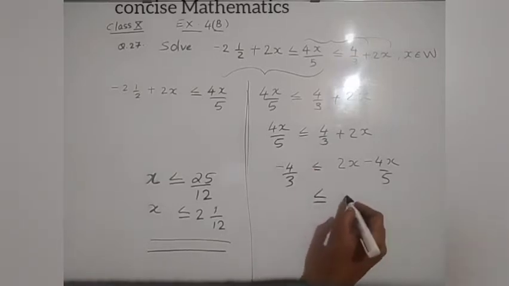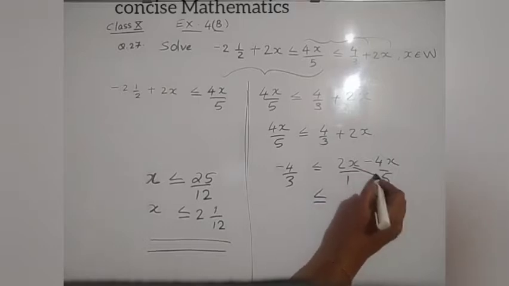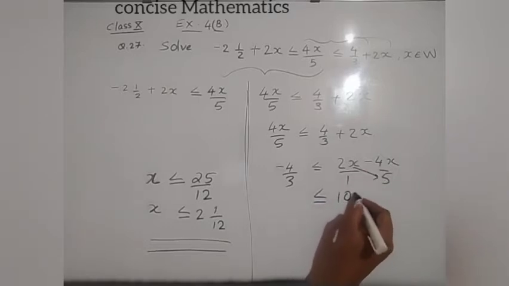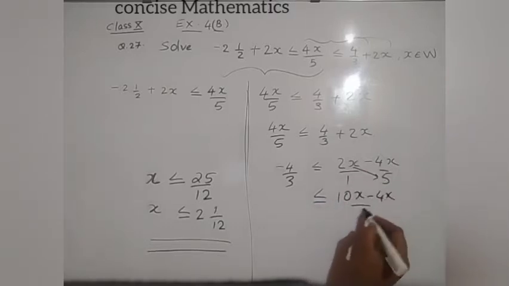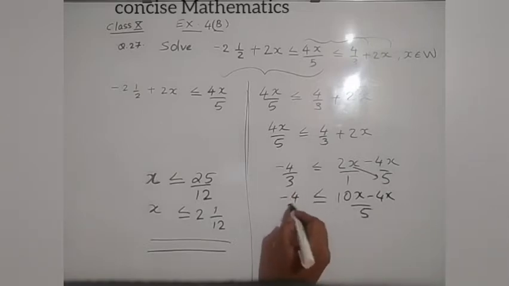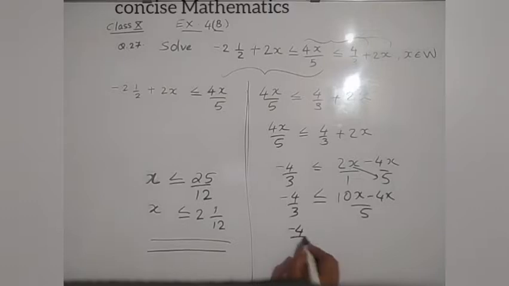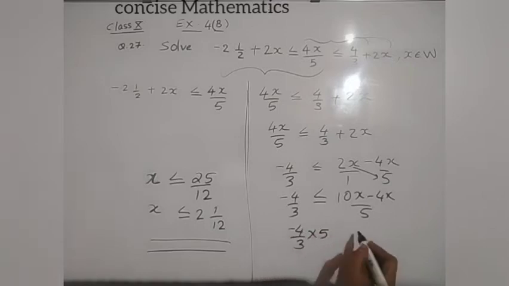Take the LCM: 10x minus 4x by 5 is 6x by 5. Negative 4 by 3 into 5, the division by 5 moves to the left side as multiplication by 5, less than or equal to 6x.